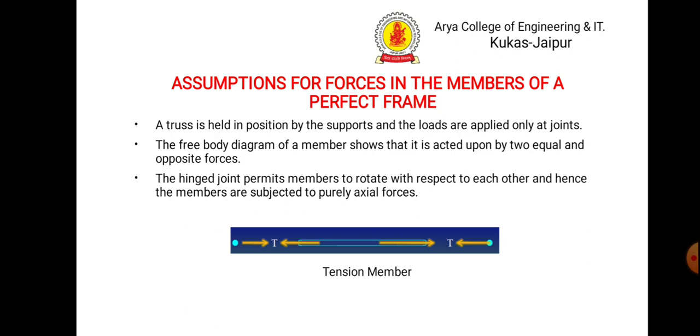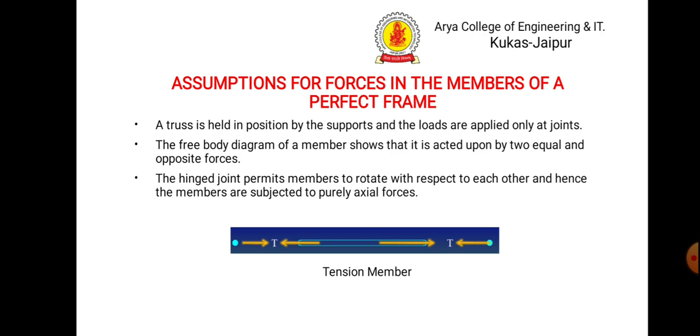Suppose a member is acted upon by a tension force, then the direction of force will go away from the center. As you can see, there are two joints. On the left hand side it is a tensile force, so T, that is the tensile force, will be away from the center, as well as on the right hand side the T, the horizontal force, will act away from the center.